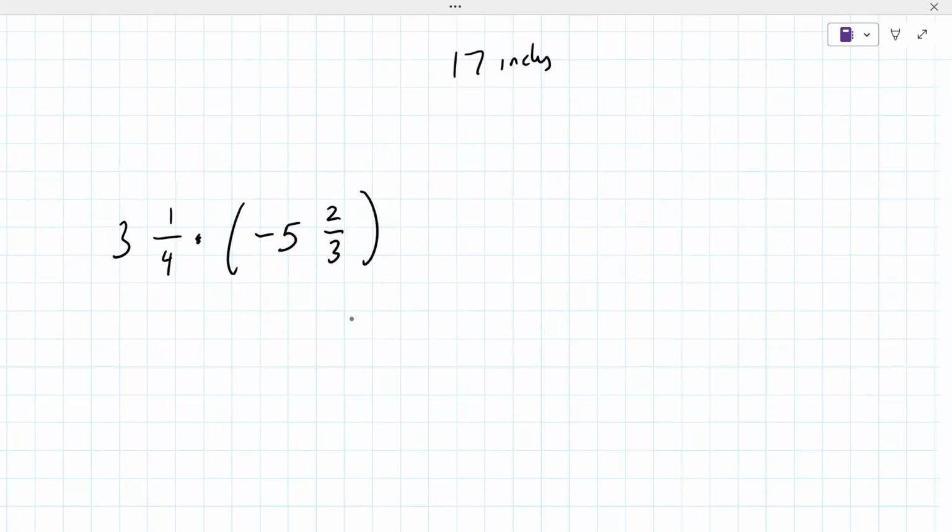This is a multiplication problem. You may convert it to an improper fraction, you may not.